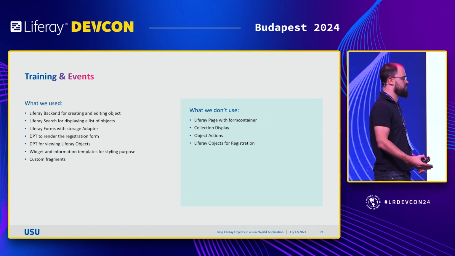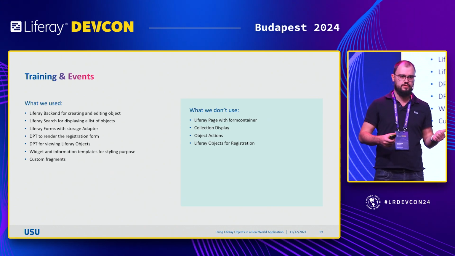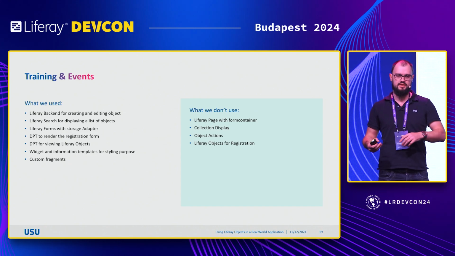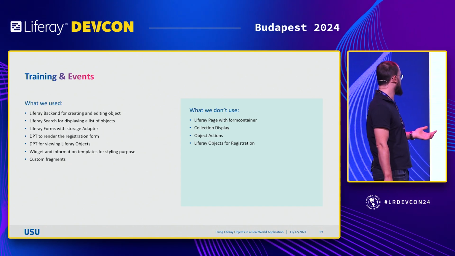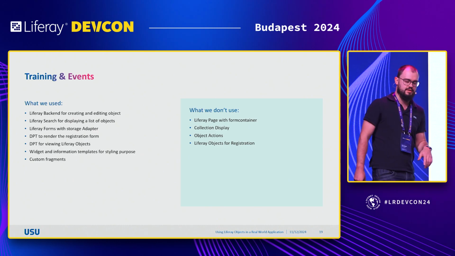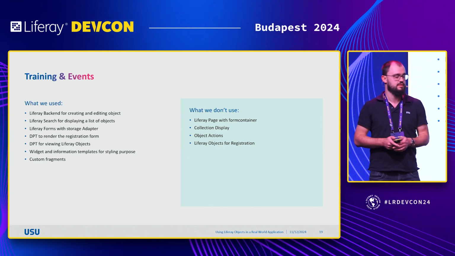The display page templates we used in two ways: one for the overview of the object, and the second to render the form. And we also used them for visual information templates on this display page template, as well as some custom fragments.